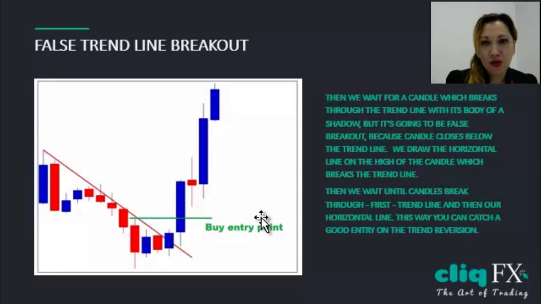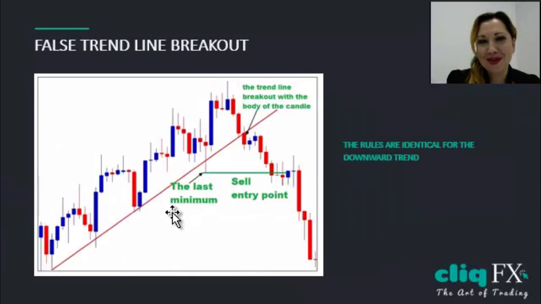The stop loss should be set lower than the significant low, or higher than the significant high if we are talking about the opposite direction. So let's look at how it looks on the upper trend. We are waiting for the price reversal, a more serious situation.